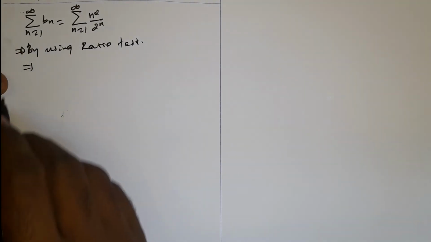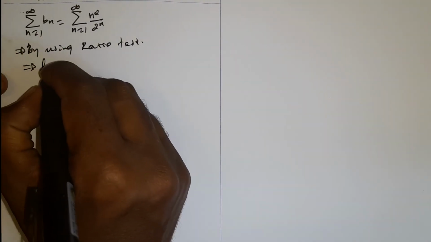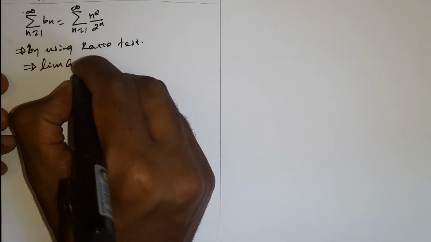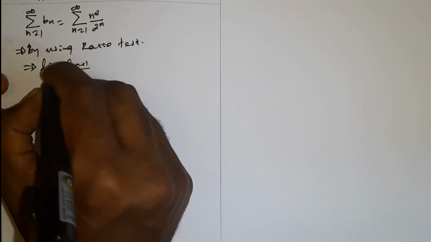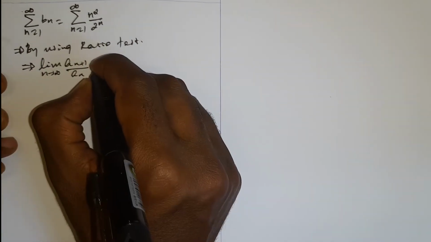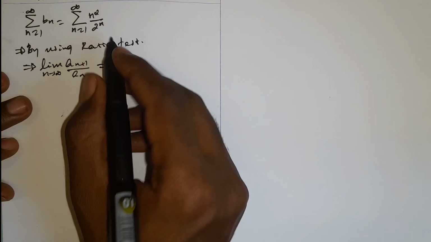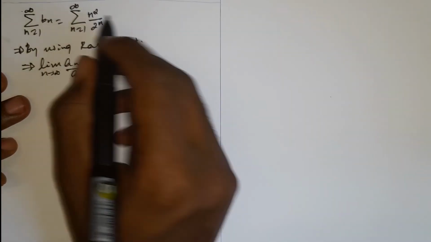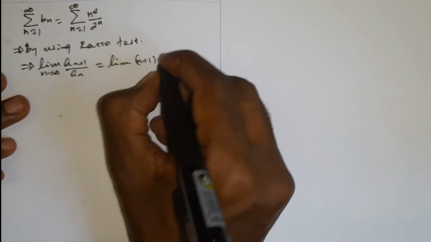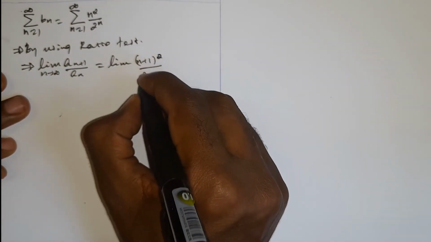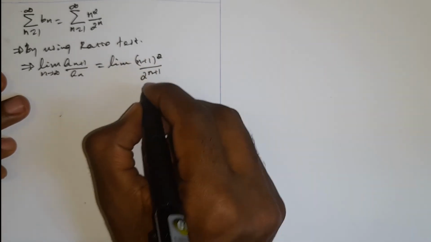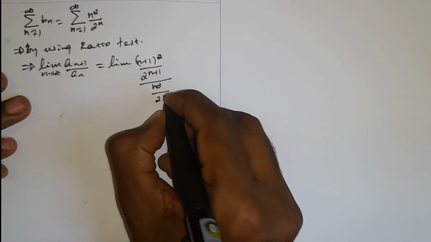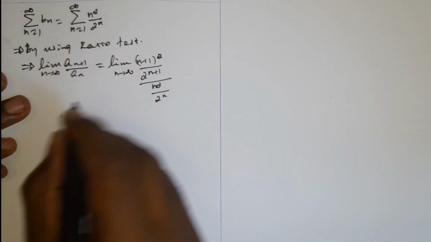By using the ratio test, we have the limit of a(n+1) over a(n) as n approaches infinity. A(n+1) is (n plus 1) square over 2 power of n plus 1, the whole over an, which is n square over 2 power of n, as n approaches infinity.